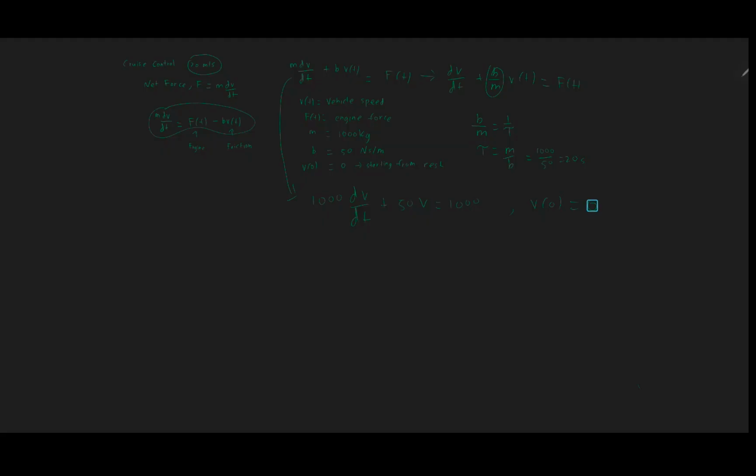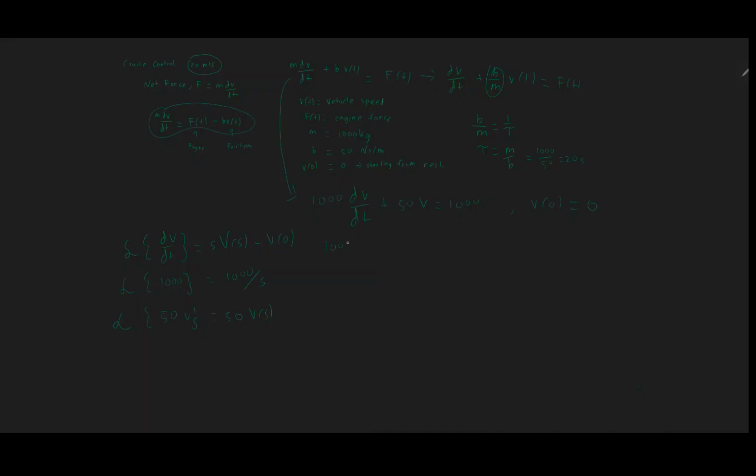We know that the Laplace of dv over dt is equal to sVs minus v0, and the Laplace of 1000 is equal to 1000 over s, and the Laplace of 50v is equal to 50Vs. So now we just sub in these values.